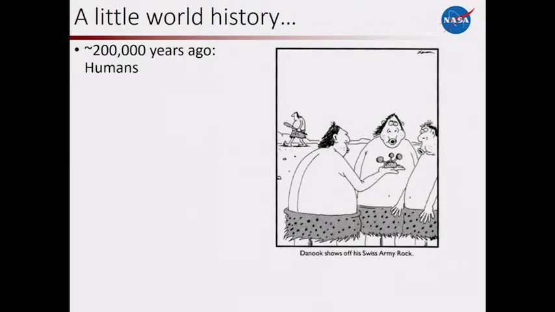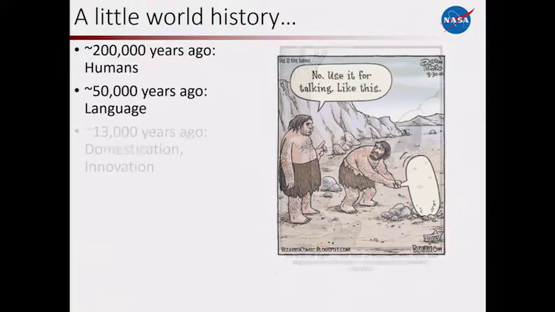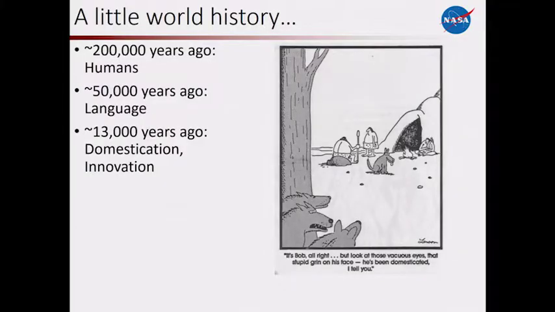So we'll start with a little world history. 200,000 years ago, we had primitive humans. They weren't able to talk, but they kind of looked like us. 50,000 years ago, we had the rise of language. 13,000 years ago, we started domesticating animals and crops, and that domestication really led to innovation due to us moving away from a hunter-gatherer lifestyle to more of a civilization.